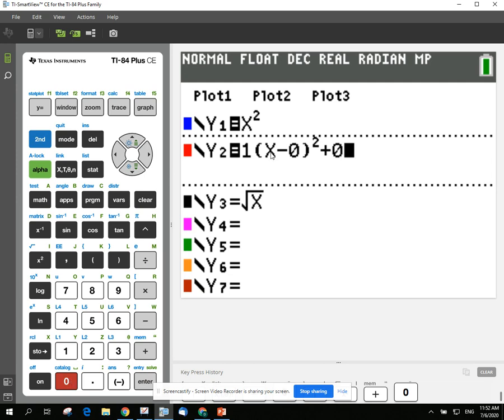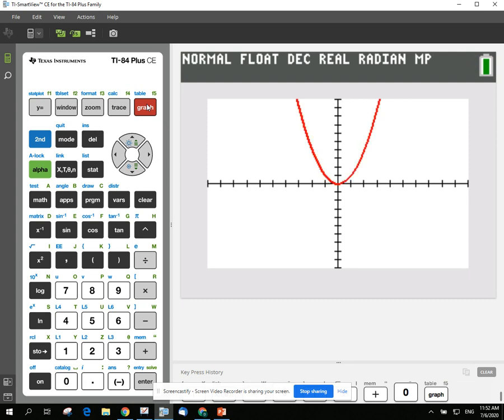Because if I take x and subtract 0 from it, this is still x. You square it, it's still x squared. You multiply that by 1, it's still x squared. You add that to 0, it's just y equals x squared as we have above. Here's the proof of it. When I press graph, you'll see the blue one, and then the red one graphed right over the top of it.